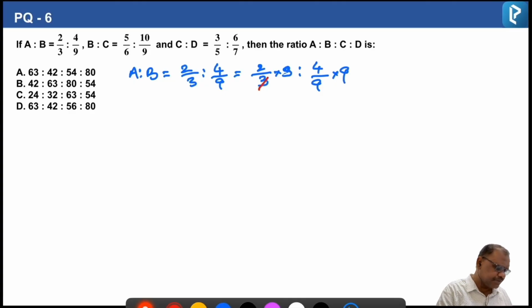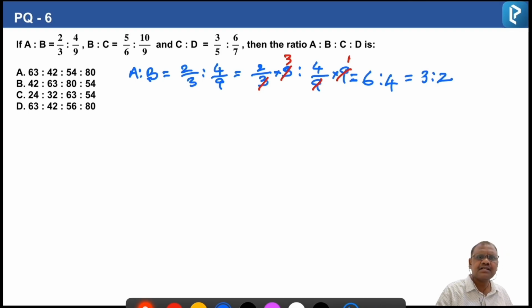So, 3 times 3, 9 times 1. So, what is remaining here? 2 times 3, 6 is to 4. So, if 6 and 4 both are divided by 2, so what do we get? If you simplify, 3 is to 2.